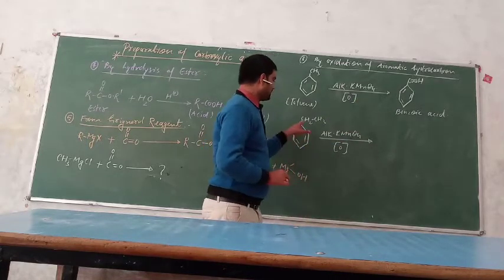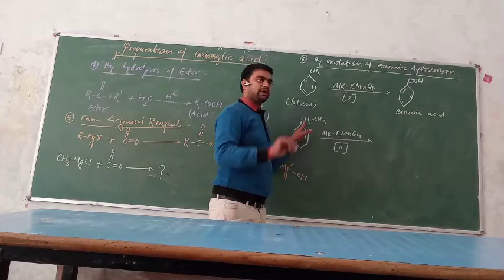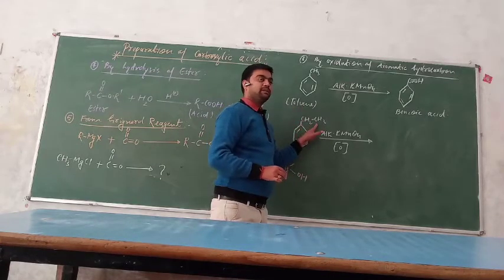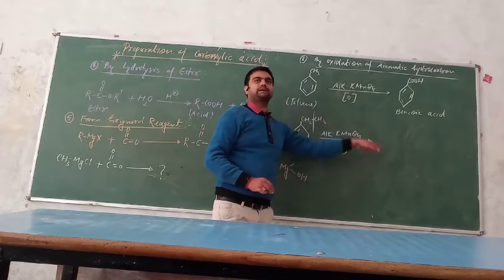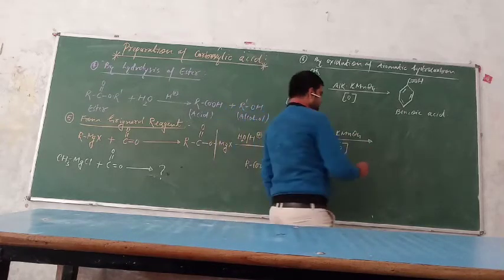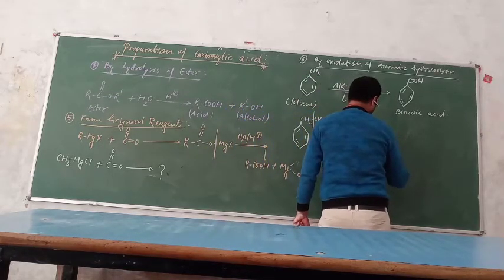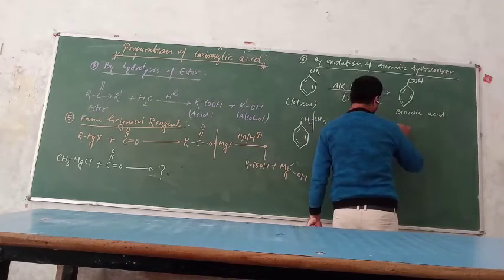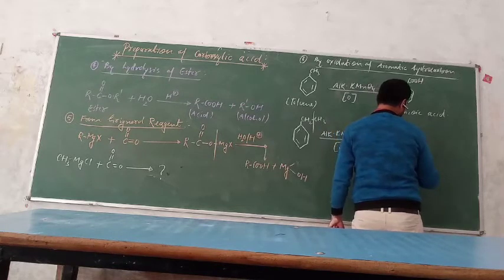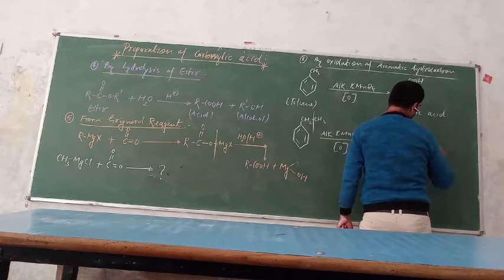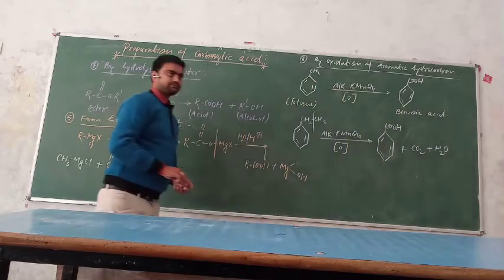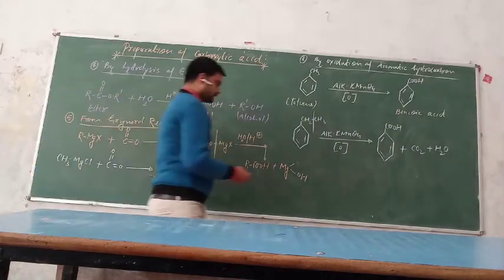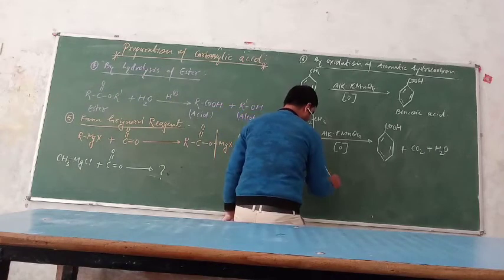Clear? So only this carbon will change into the carboxylic group, not this. The bond will break from here. It will form carbon dioxide and water. Clear? So we get the product like this: COOH plus CO2 plus H2O.